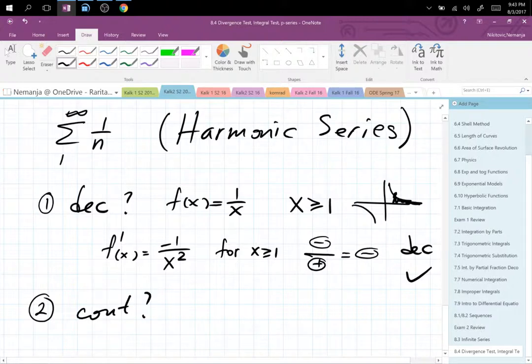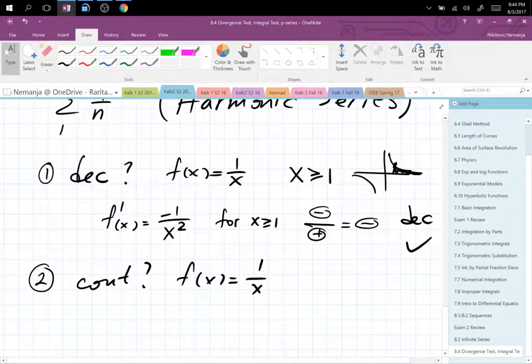Continuous. Is it continuous? How do we deal with continuity? Look what I have. I have a function on top, which is 1. That's a constant function. On the bottom, x. Also a continuous polynomial. When you divide two continuous polynomials, as long as the denominator is never 0, and it can't be because x must be bigger than 1, we have a continuous function.